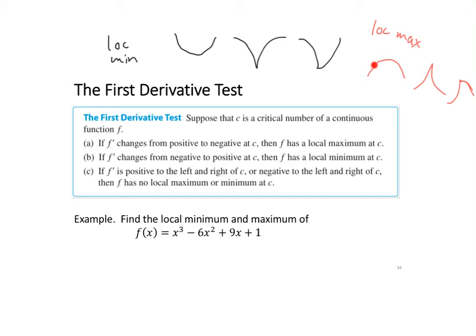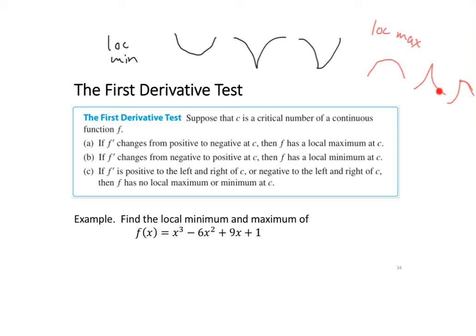In the first part here to the left, the derivative is positive and then the derivative becomes negative. Same thing here, derivative is positive and then derivative is negative. We're not worried about what happens at that special point, at that critical number. We're talking about whether the derivative is changing sign at the critical number, going from positive to negative.